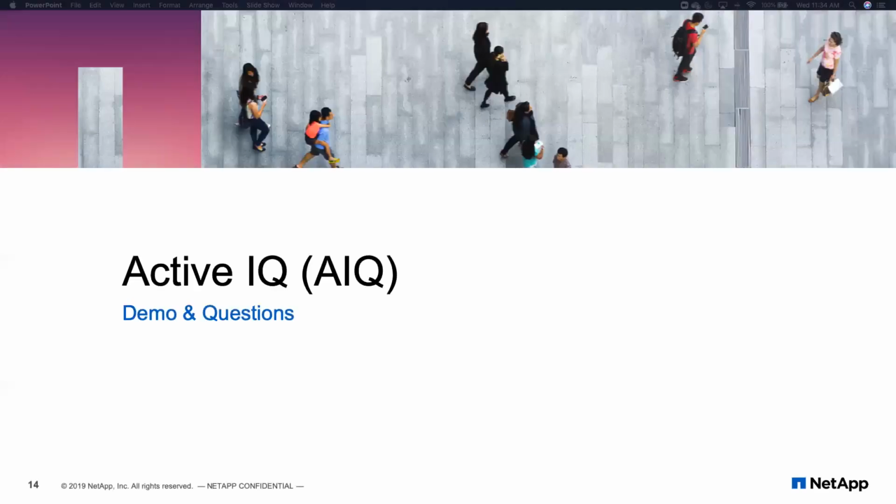Generally, no. You're going to see the same stuff in Unified Manager. They're based on the same counter manager objects. We just catalog and display them differently in ActiveIQ. But Active IQ is accessible from anywhere. So if you're at home, for example, you can log in and take a look at that there. But it is all based on the same counter manager objects, if that answers your question.